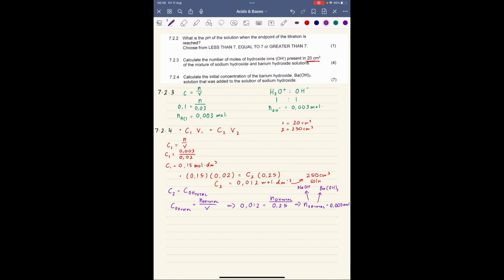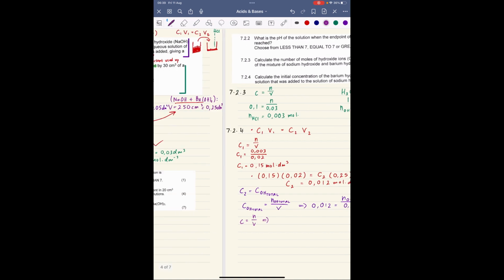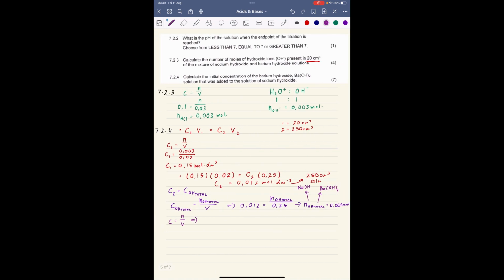So to find the moles of NaOH, I can use again C is equal to N over V. What do I have there? 0.1 and 0.2 for volume. The moles of NaOH is going to be equal to 0.1 times 0.2.